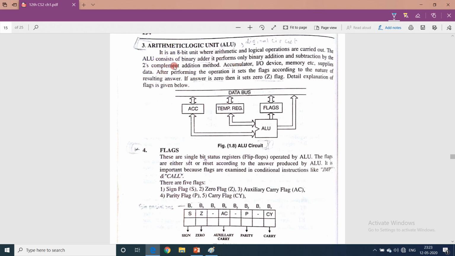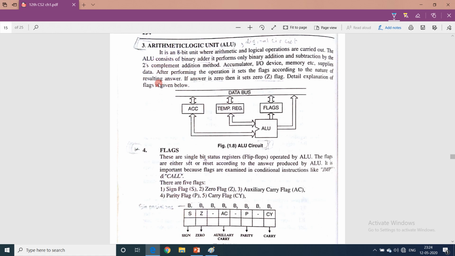After performing the operation, it sets the flags according to the nature of the resulting answer. As I told you, after performing arithmetic and logical operations, the ALU either sets or resets the flag. Set means 1, reset means 0.